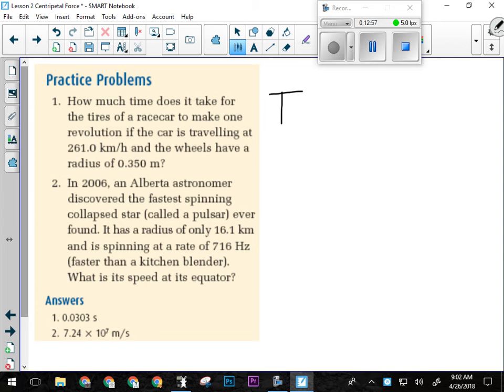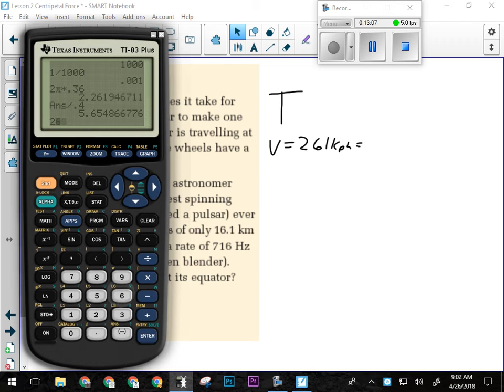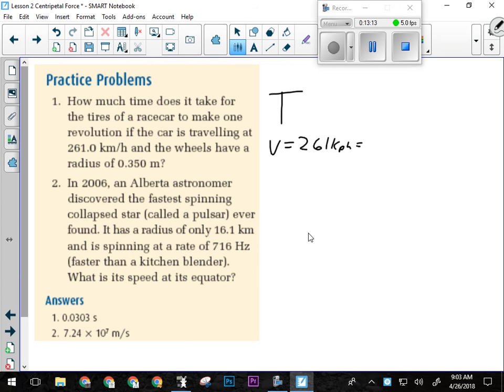The car is traveling at 261 kilometers per hour. So I know V, it's 261, but if that's in kilometers per hour, I need that in meters per second, so I need to divide that by 3.6. So 72.5 meters per second. Now I have V, and I also know the radius is 0.350 meters.